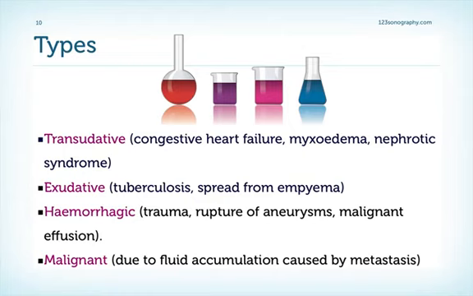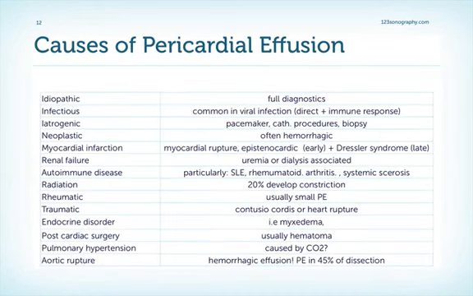In addition, we can see it, for example, after heart operation if we have some form of hematoma. In malignant disease, we can also have hemorrhagic pericardial effusions. However, the fluid is not as hemorrhagic as you would have it if you have, for example, direct bleeding into the pericardial sac. We do, however, see a lot of cells which are typical for the primary tumor.